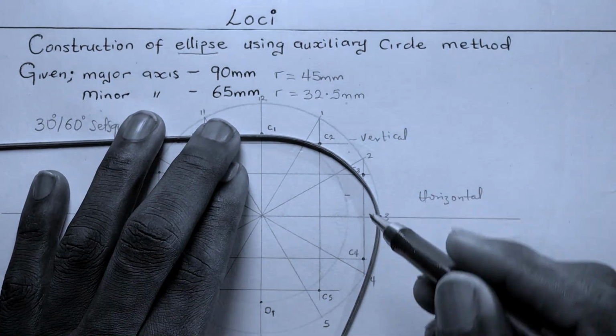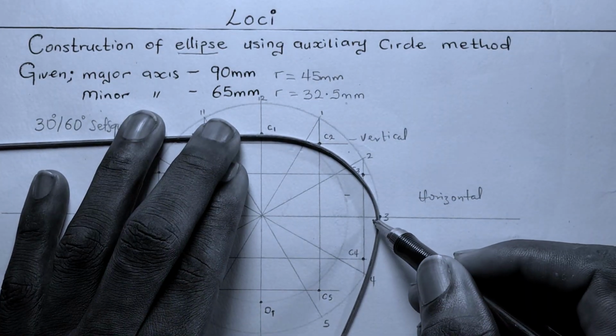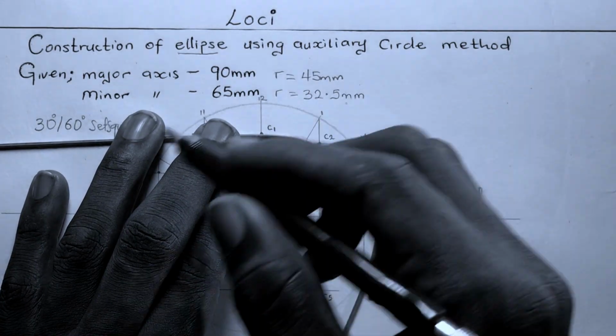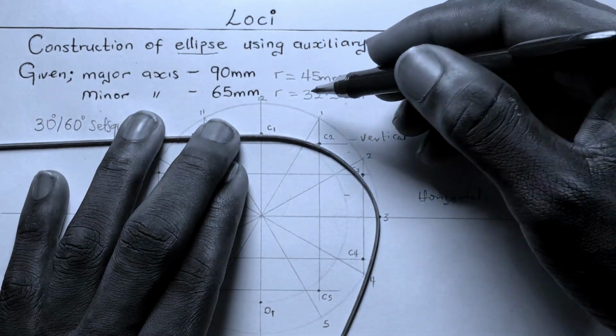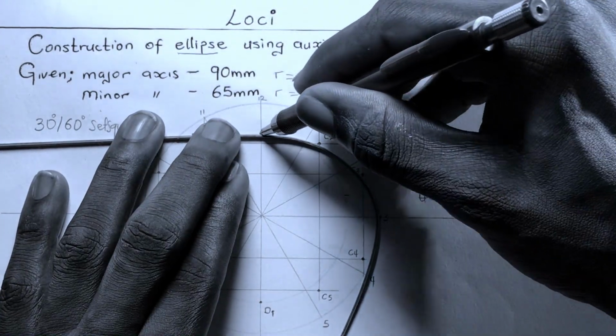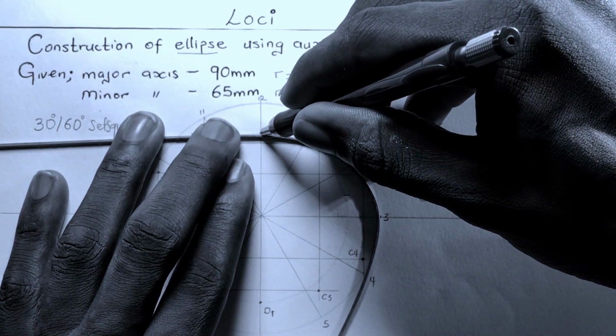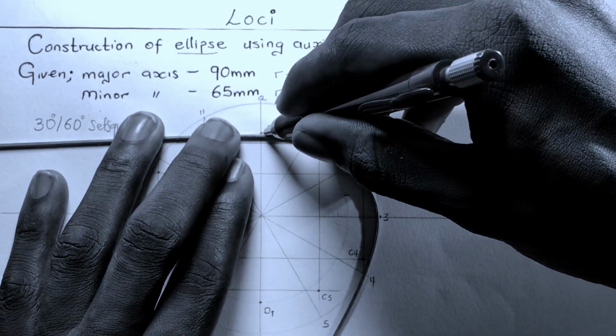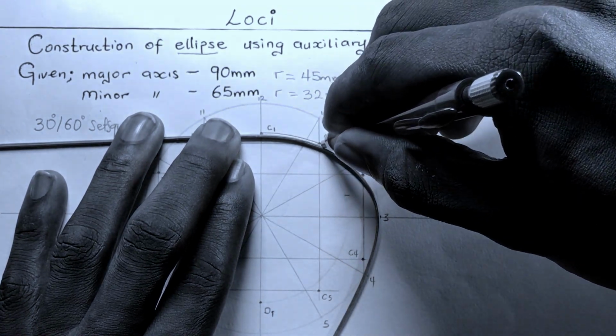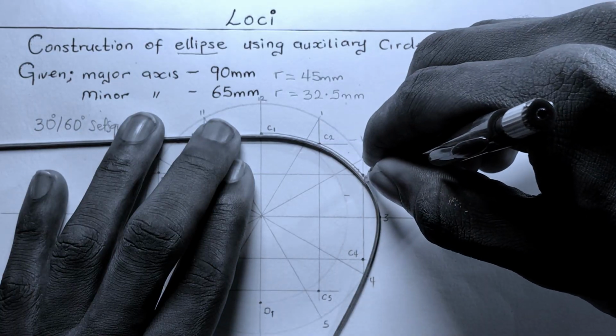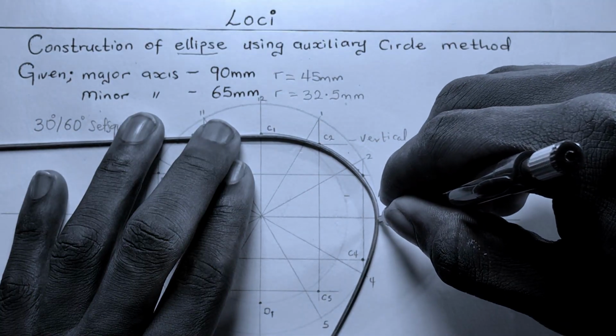So we are going to be starting from the first quadrant of the circle, which is C1, C2, C3. So I'm going to be starting from C1, and then I will draw on that line touching point B.